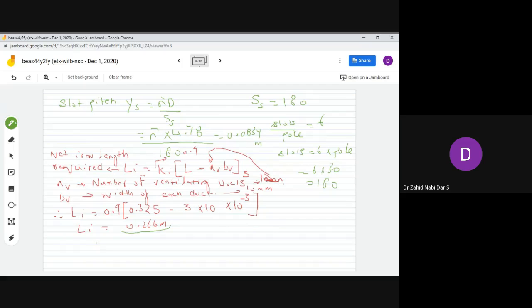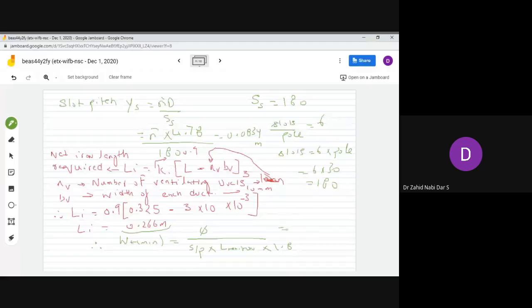Because we have incorporated the wastage and other factors and the width of ducts and all, the minimum width formula will remain the same. What is the formula? Phi divided by stator slots per pole into the length, but this length would be the net iron length, and your flux density was 1.8, so that would remain the same.